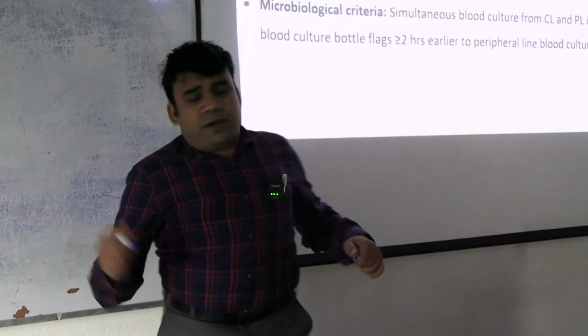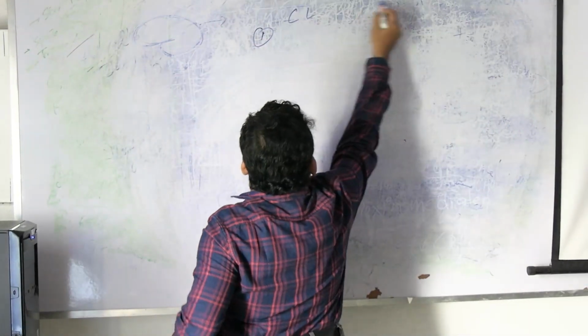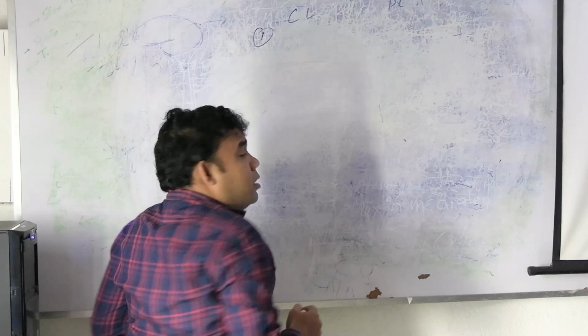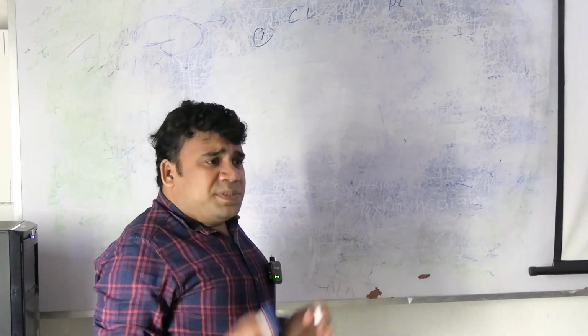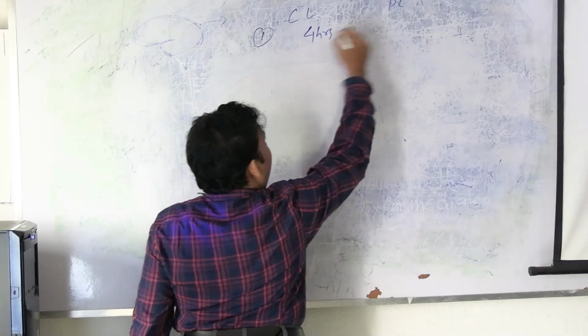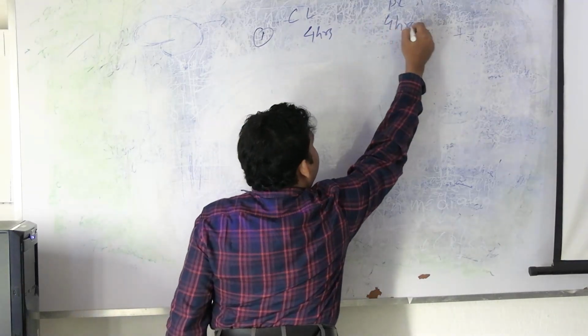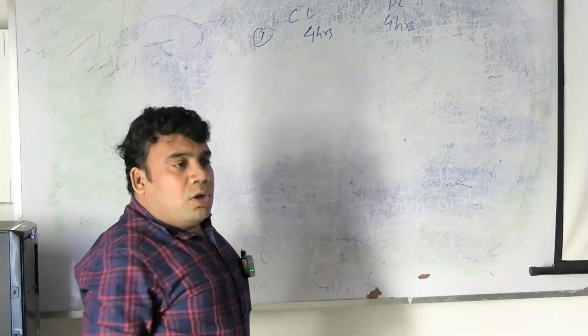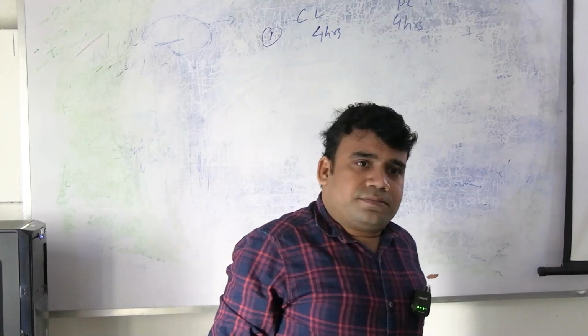Okay. Now let me tell you the first scenario. Say in scenario number 1, both the bottles that have been sent flag positive, say at 4 hours after incubation. Both the central and peripheral.